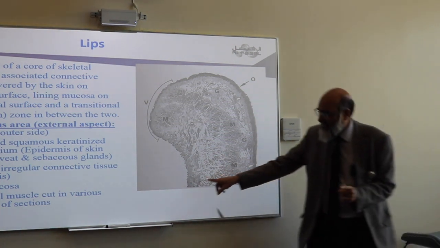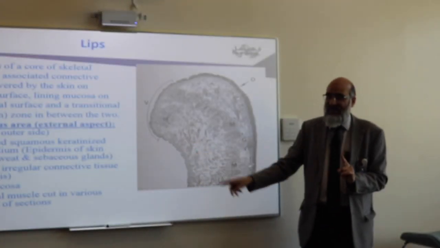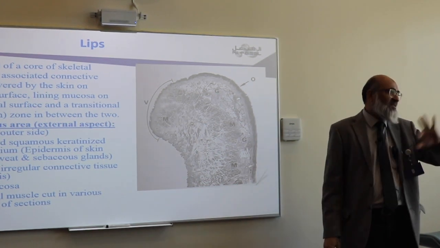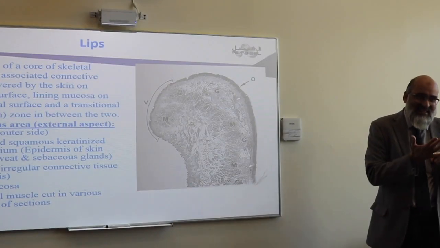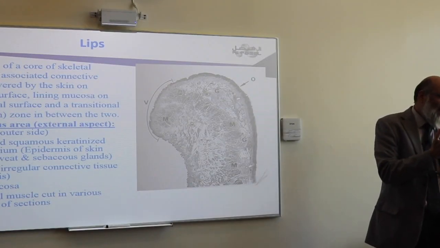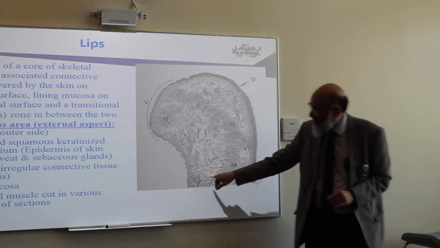Done? Okay. This is the skin, the outer side. What is the first tissue of the skin? Epithelium, which is called epidermis. For skin it is epidermis, but for us it is stratified squamous keratinized epithelium with hair follicles, sweat glands, everything. Now, what will be the second layer?